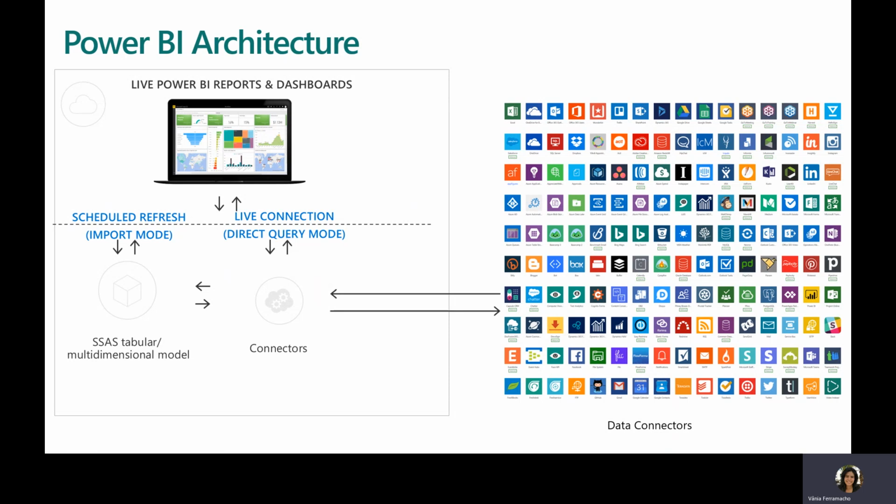Power BI consumes data in two ways. The first one is import mode, and the other one is direct query mode. On the import mode, this mode is supported by all the connectors, so we can bring data from different sources at the same time. We can pre-aggregate and make it available for users. It's pretty good.